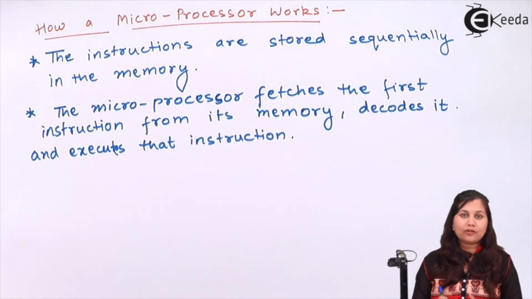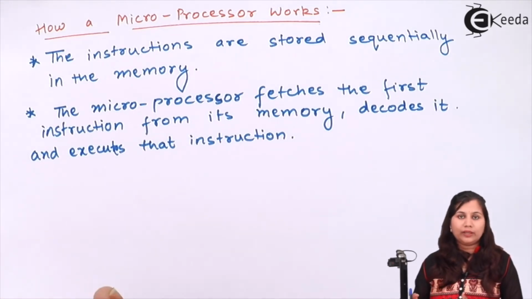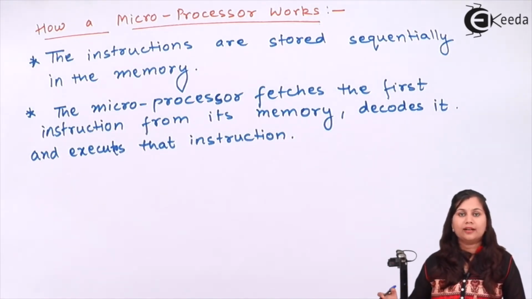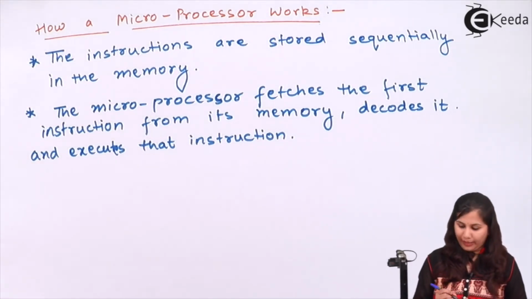This cycle of fetching, decoding and executing the instruction goes on till the program has ended, or the microprocessor has reached the last instruction of the program, showing that the program has ended, and now the microprocessor has to give the result of the program.